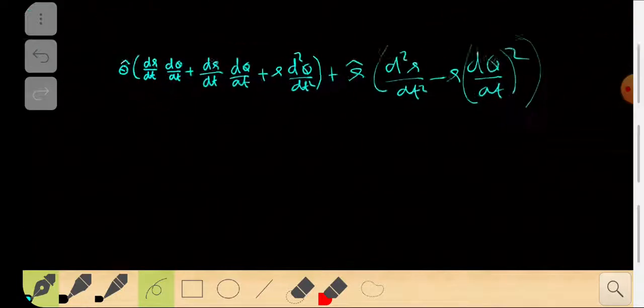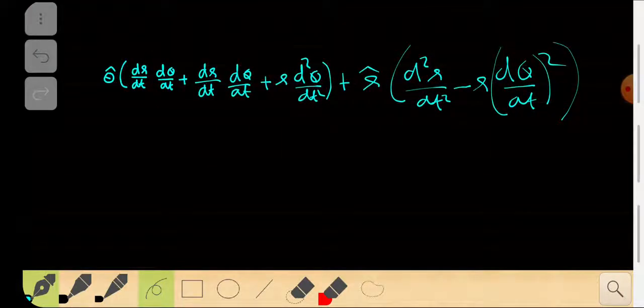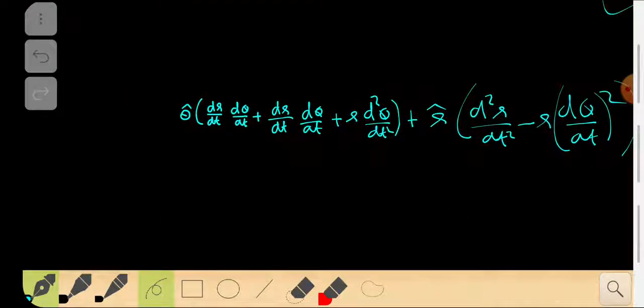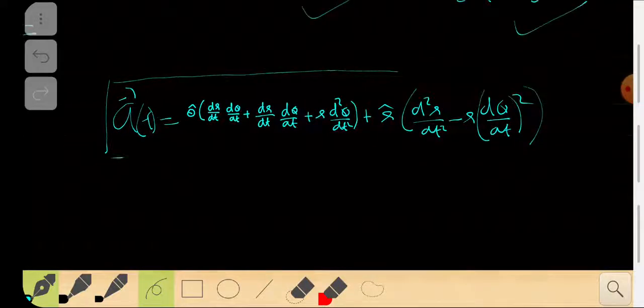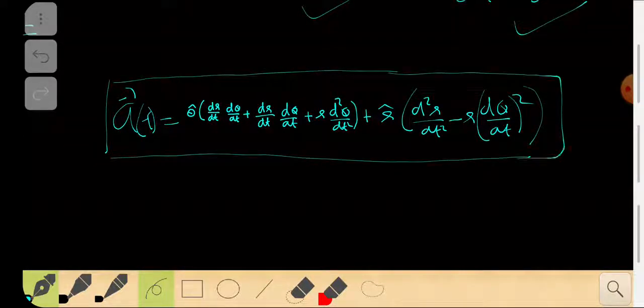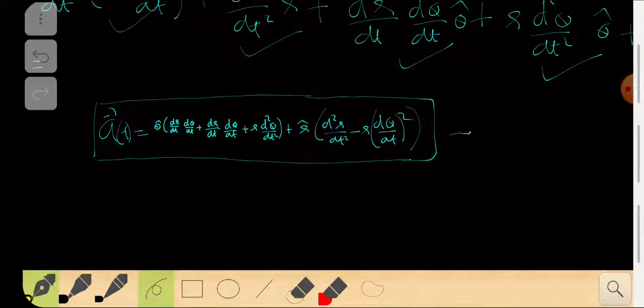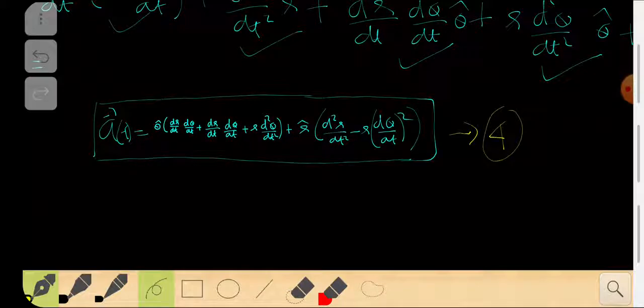Now this is called the acceleration, the acceleration vector a of t. Let's put it in a box and call this equation 4. Now we got the acceleration vector.